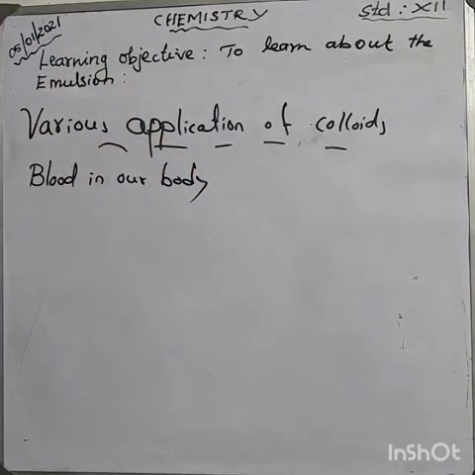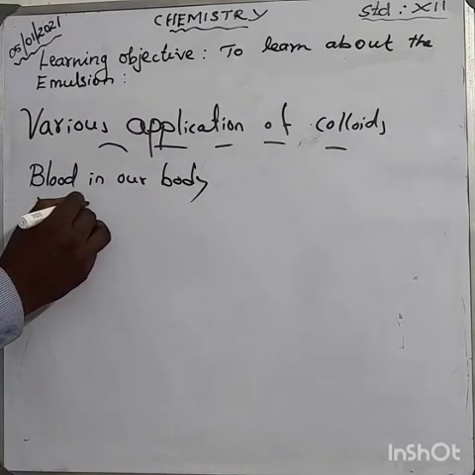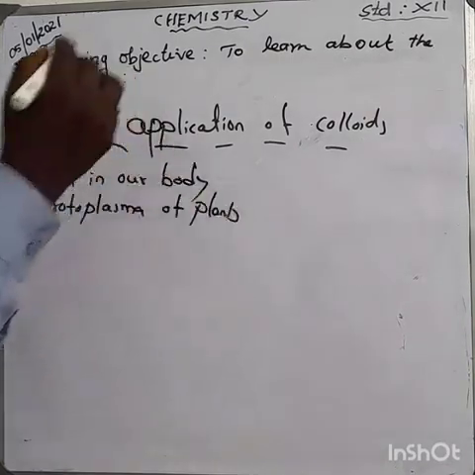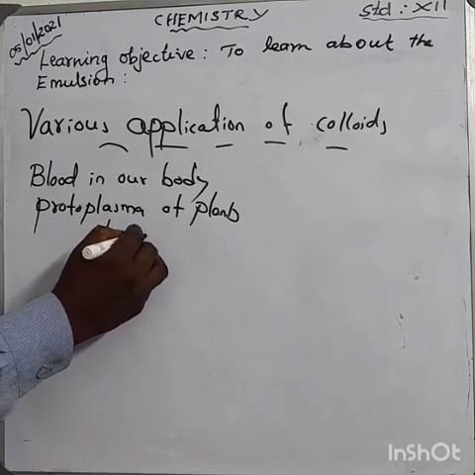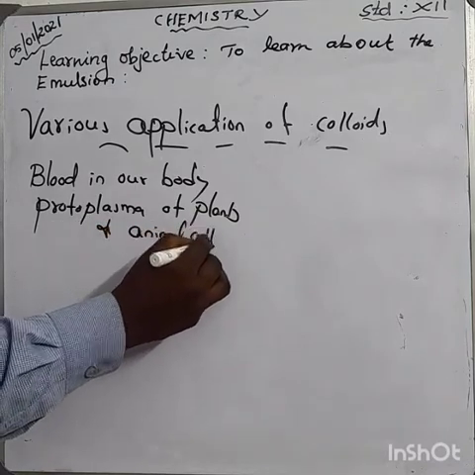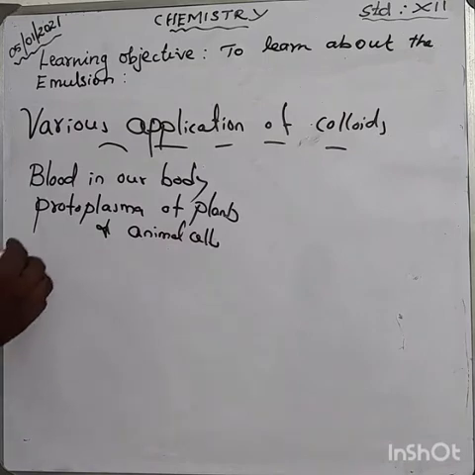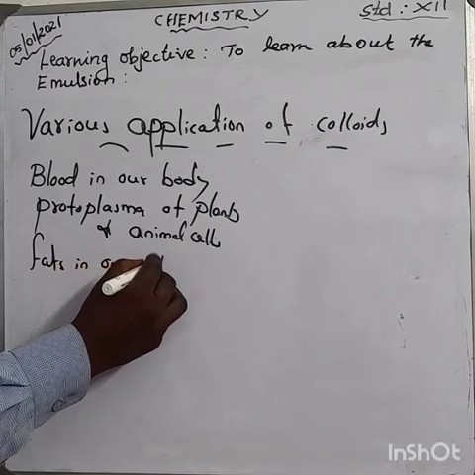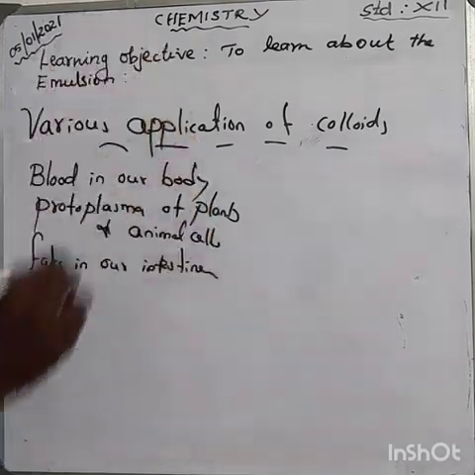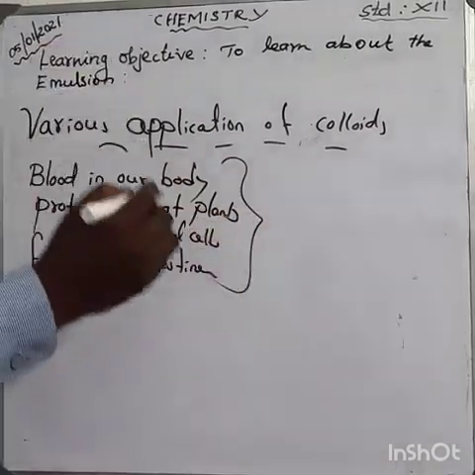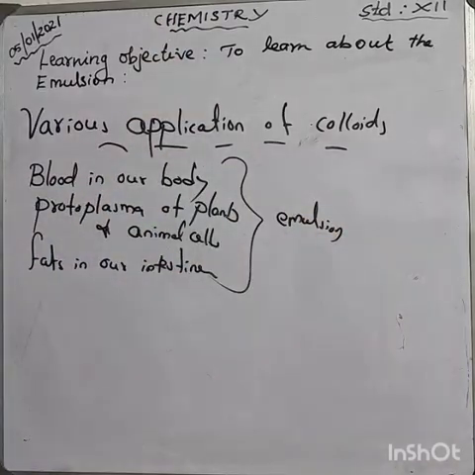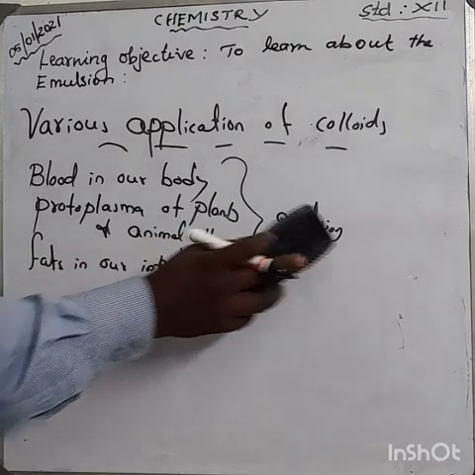Protoplasm of plants and animal cells. Next, the fat in our intestine. These are all in the form of emulsion.